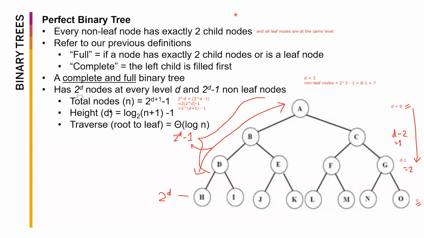But the thing here is, if we want to count the total number of nodes, we have the formula for the number of non-leaf nodes, which are situated at levels 0 down to D minus 1. And we have all leaf nodes at level D. Then we can simply use the 2^D to know the number of leaf nodes.